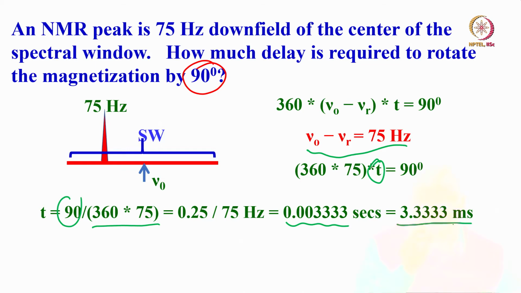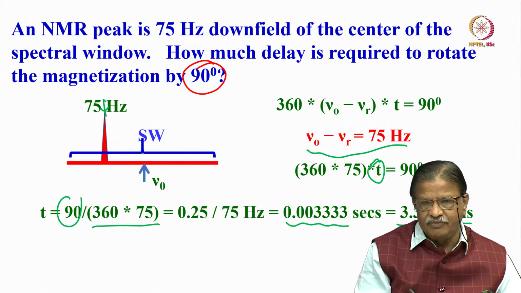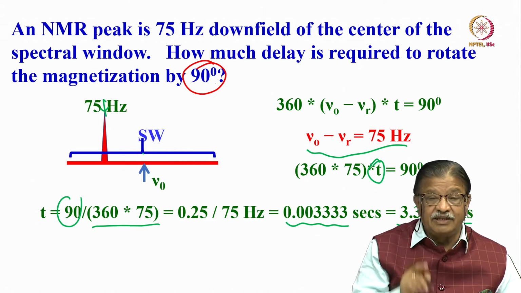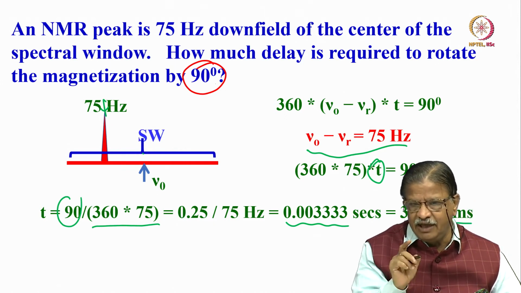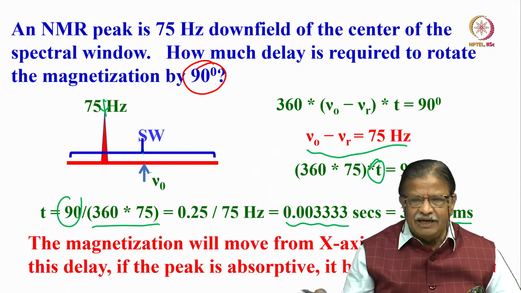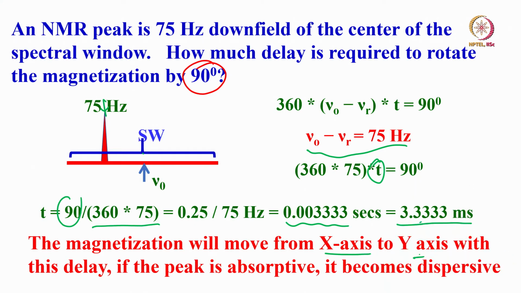If I apply a radio frequency pulse, and I have a signal at 75 hertz with respect to the center, now I wait for 3.3333 milliseconds. The signal exactly moves by 90 degrees with respect to the reference signal, if I take it as nu naught. The magnetization will move from the x axis to the y axis with this delay because it moved by 90 degrees.